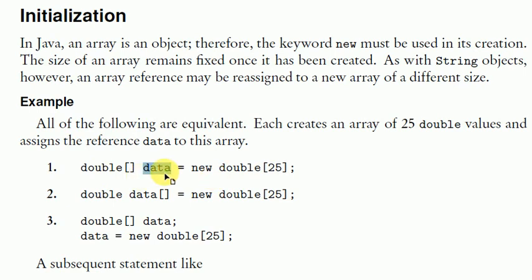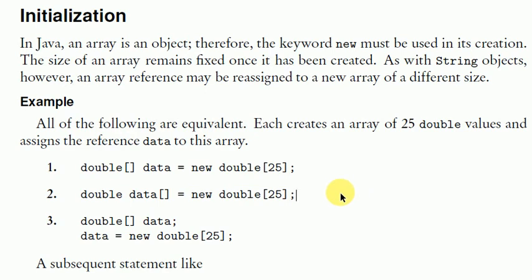Then this is another method to create and initialize an array. You can write double and then the name of the array and then square brackets. So you can write square brackets between double and data, or you can write it in this way. Both are correct, and on the right side you have to write new and then the data type and the array size, basically the total number of values.